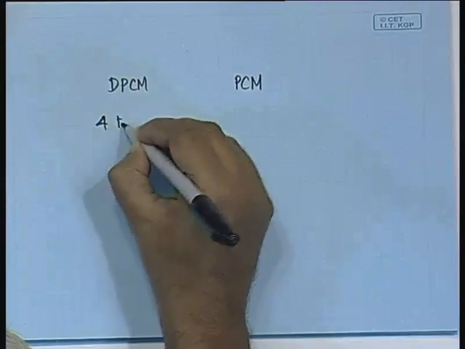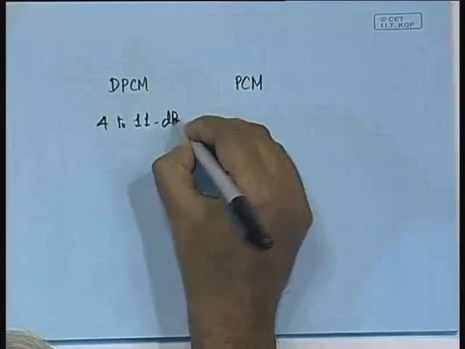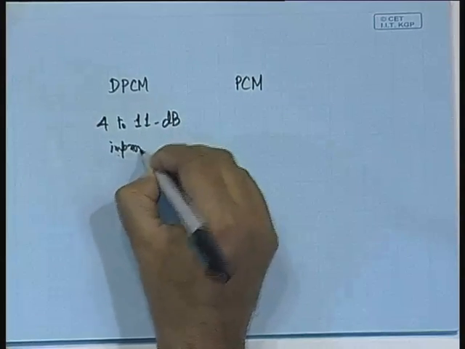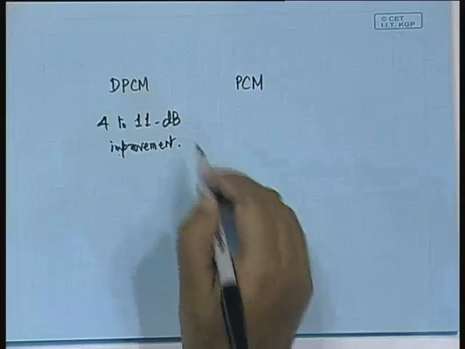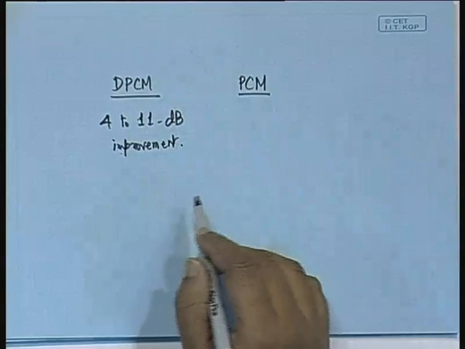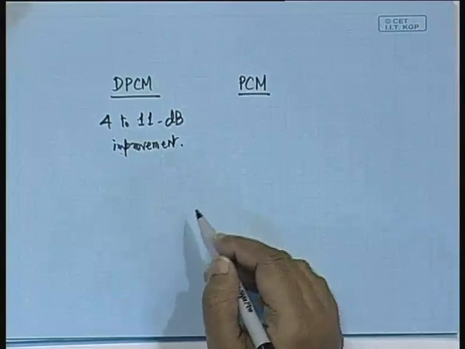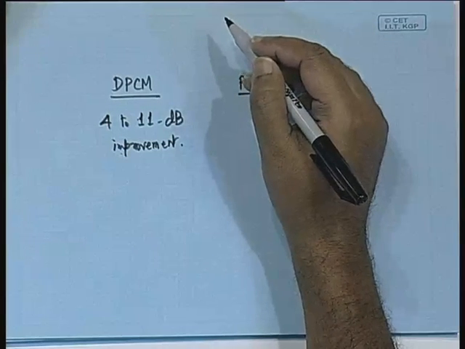Now, if you use the same number of levels, let us consider a 3-bit PCM, meaning 8 level PCM and 8 level DPCM, then we will observe that DPCM has something like 4 to 11 dB of improvement over PCM. So vis-a-vis direct quantization, DPCM gives you 4 to 11 dB of advantage.